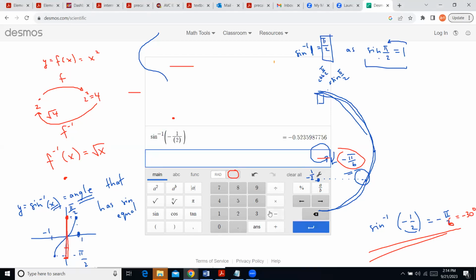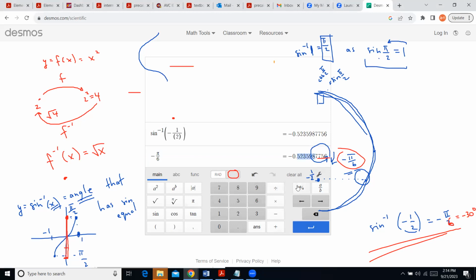And it turns out if you check what minus pi over 6 is, that'd be exactly the same thing. So I guess the shameful part is that those radians are not given to us by the calculator, but you can always turn this to degree mode, and that way you will get it in terms of degrees, but our answers have to always be in terms of pi over 6.